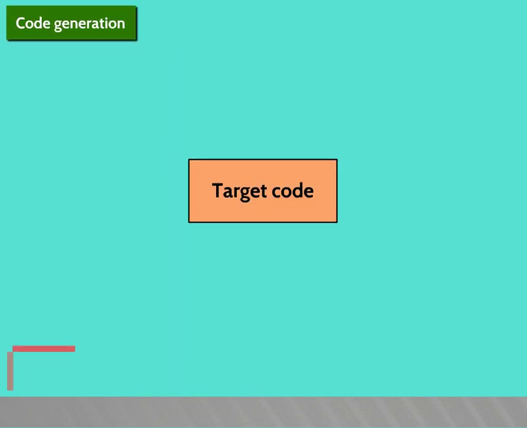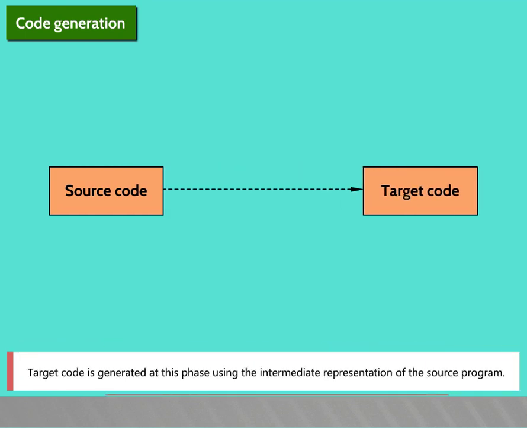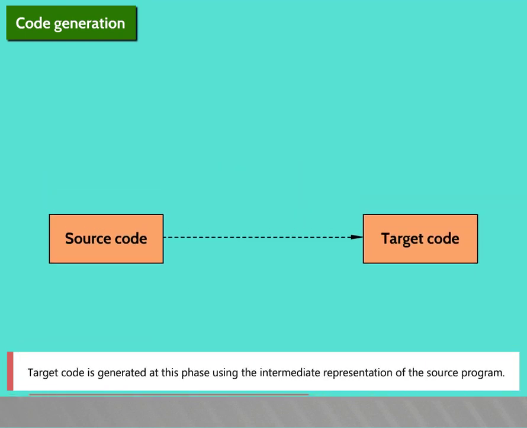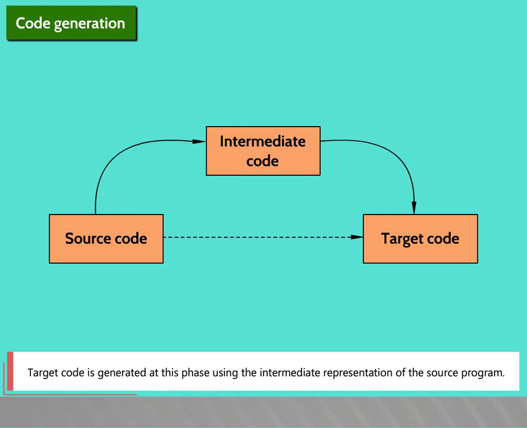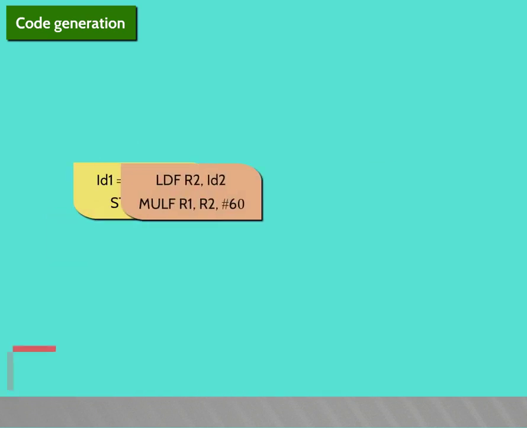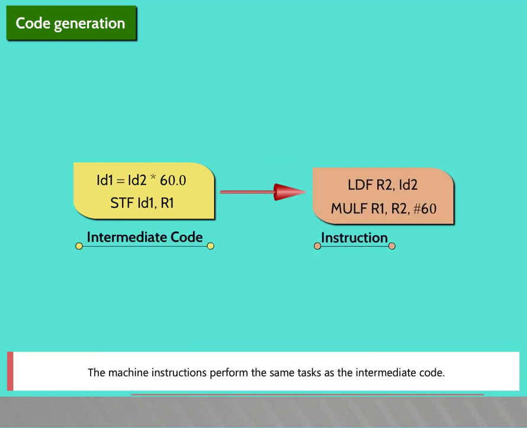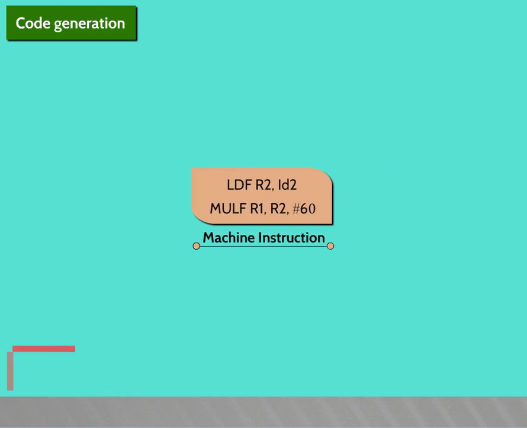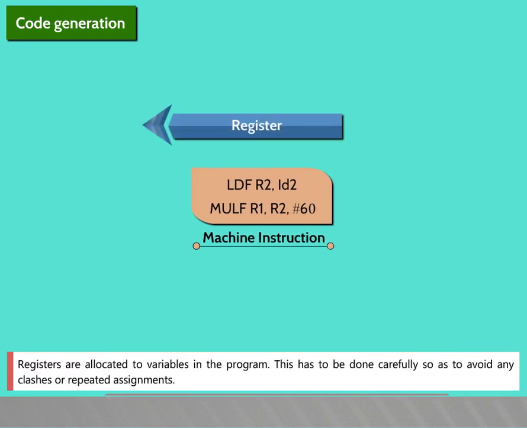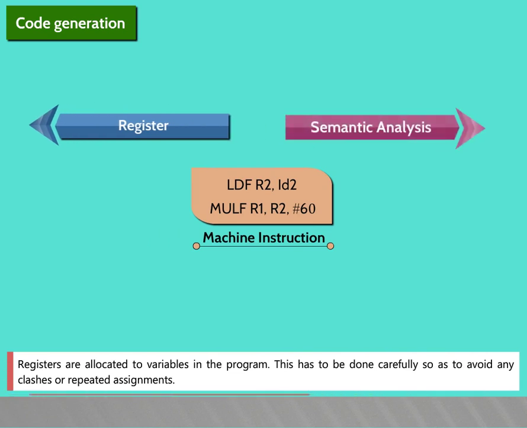Code generation. Target code is generated at this phase using the intermediate representation of the source program. The machine instructions perform the same task as the intermediate code. Registers are allocated to variables in the program. This has to be done carefully so as to avoid any clashes or repeated assignments.